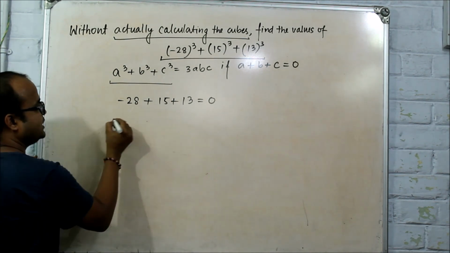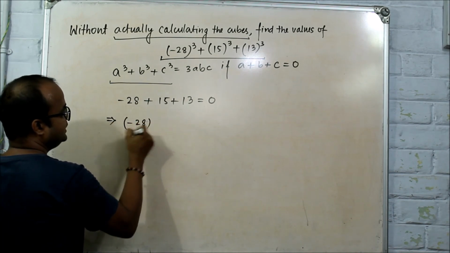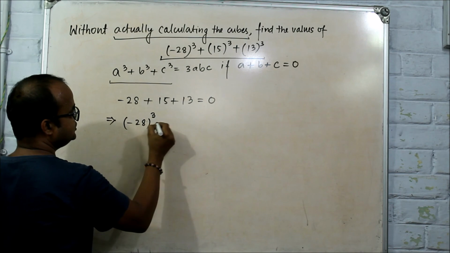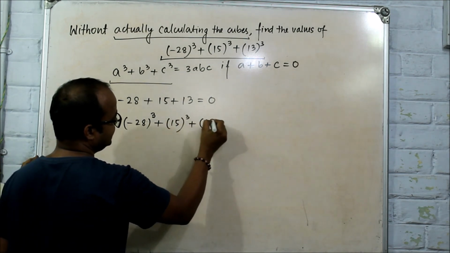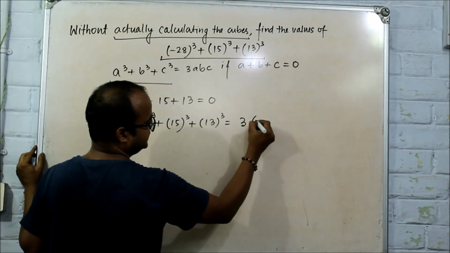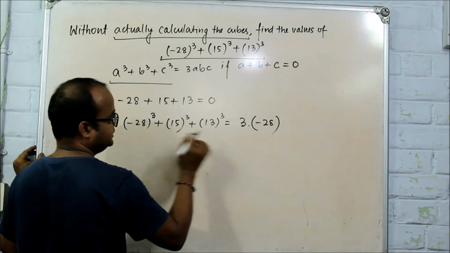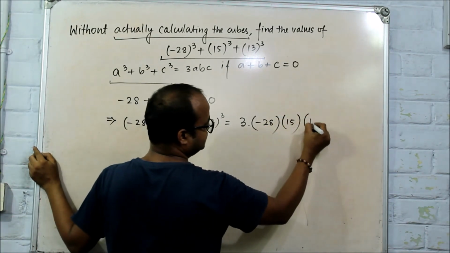So directly we can say that since the sum a plus b plus c is equal to 0, therefore the cube of this is equal to 3 into a, that is minus 28, b, that is 15, and c is equal to 13.